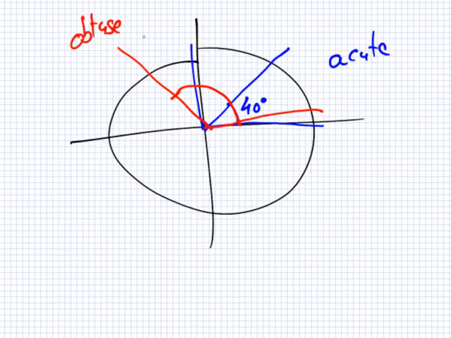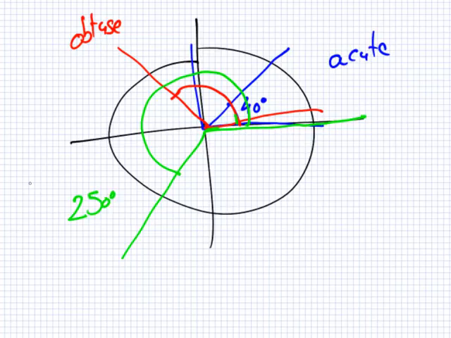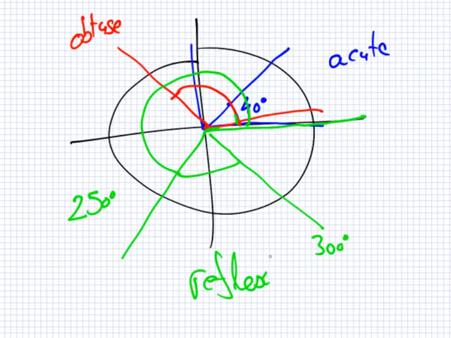And then an angle which is more than 180, like this angle here, say 250, or even bigger, even as far as 300. This one has a name. Reflex, very good KJ, reflex. So you have acute, obtuse, reflex angles. You got those 3 words?